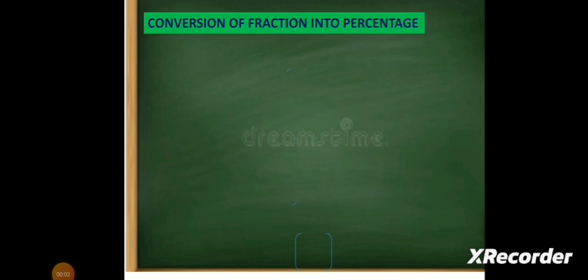By converting fraction into percentage, we will multiply by 100. Let's understand it with few examples. First, 11 upon 16. We'll write it as 11 upon 16, and then we will multiply by 100 to convert the fraction into percentage.